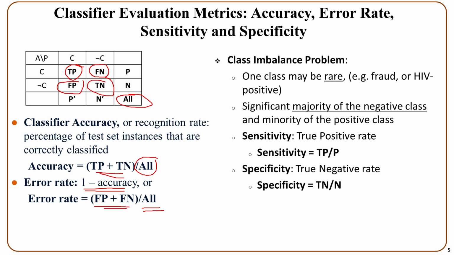There is a problem that's called the class imbalance problem. One class may be very rare, for example, the number of fraud instances or HIV positive instances. Looking at the sample, you can see the significant majority of the negative class and the minority of the positive class.